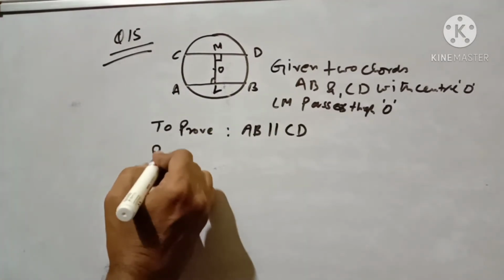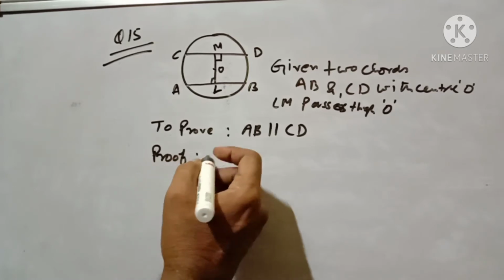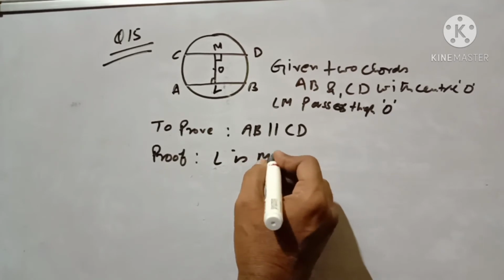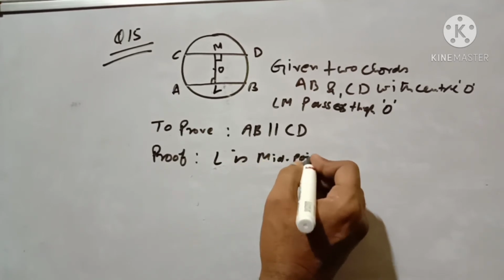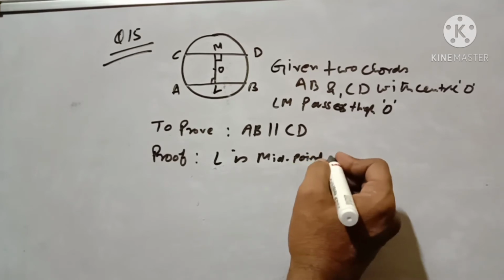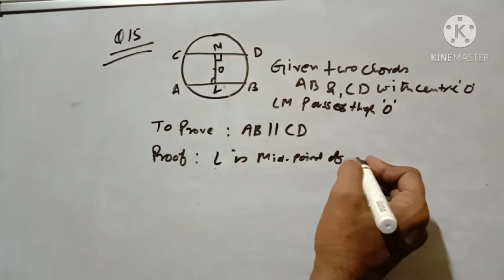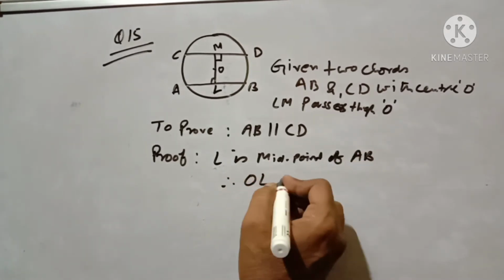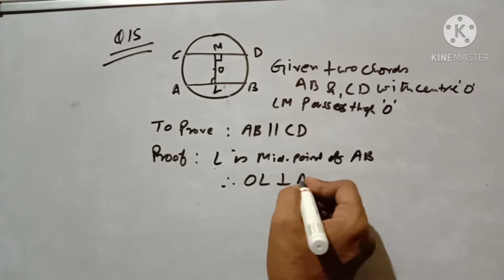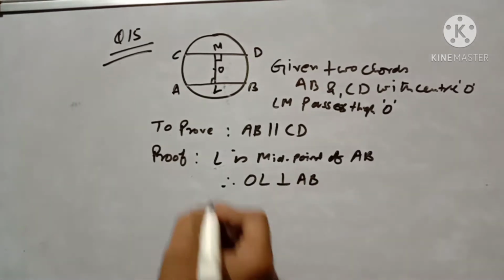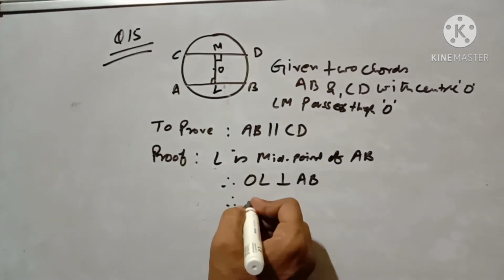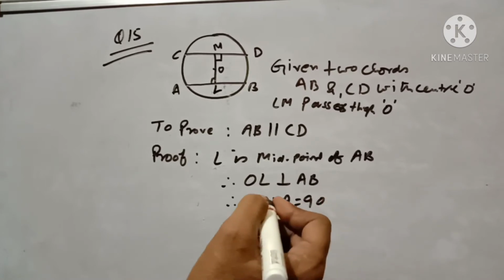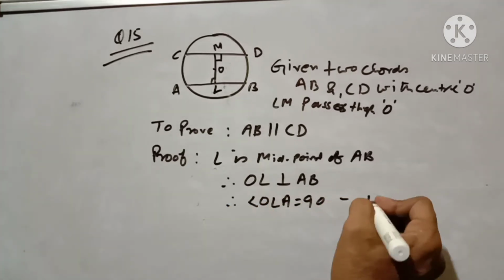Proof. L is the midpoint of AB, because this is perpendicular on AB. Midpoint of AB. Therefore OL is perpendicular to AB, and therefore angle OLA will be 90 degrees. Let it be equation number 1.